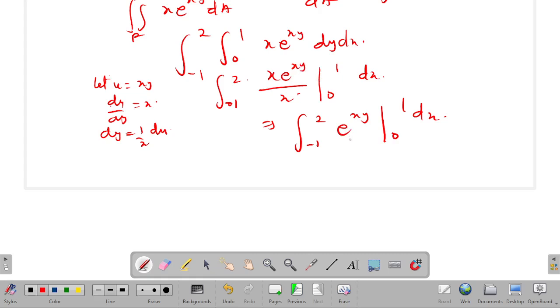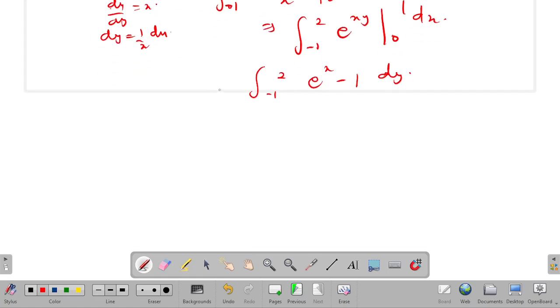So putting your 1 and 0, what are we getting? From negative 1 to 2, when I put 1 inside, I'll get e to the power x. When I put 0, I'll get 1, minus 1, because the power will be to the power 0. So at this point, you have a beautiful equation. The integral of e to the power x is e to the power x again, minus the integral of 1 is x, with respect to x.